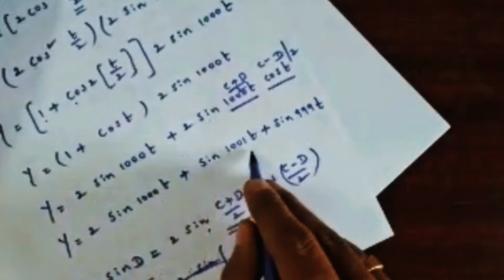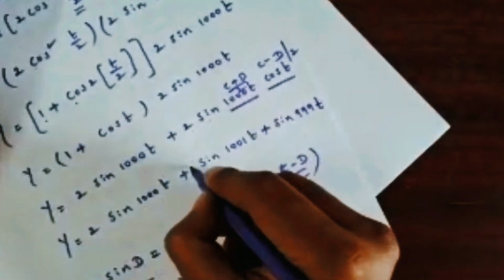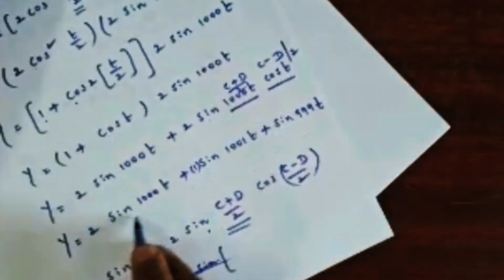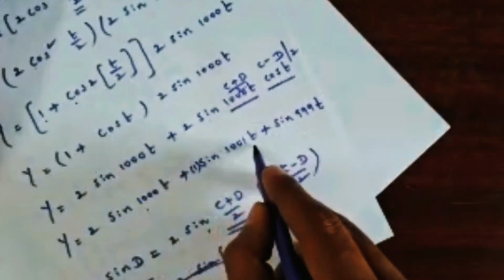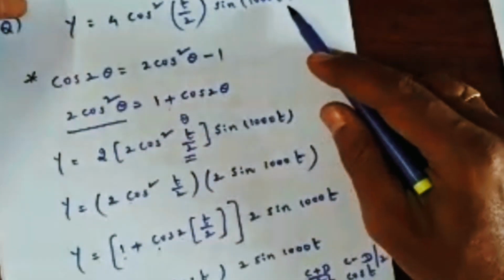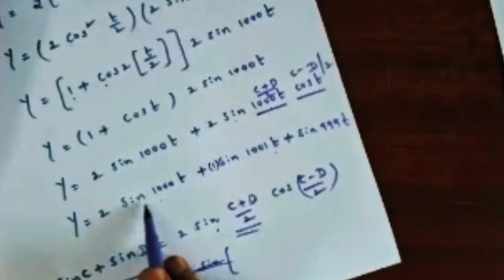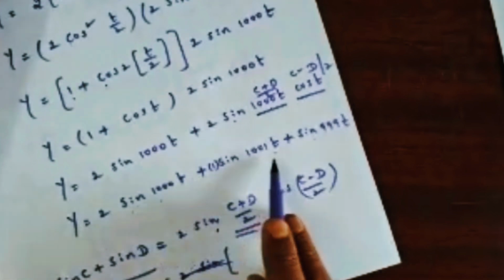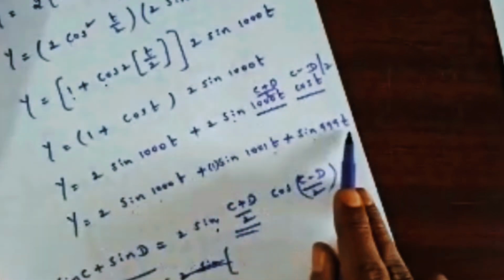So now a sin omega t, a sin omega t. Where is the a here? A represents amplitude 1. Here also a represents amplitude 1. In this form, generally the wave equation is present, and that's why this equation y is equal to 4 cos square (t/2) sin 1000 t consists of 3 independent terms: 2 sin 1000 t plus 1 sin 1001 t plus 1 sin 999 t.